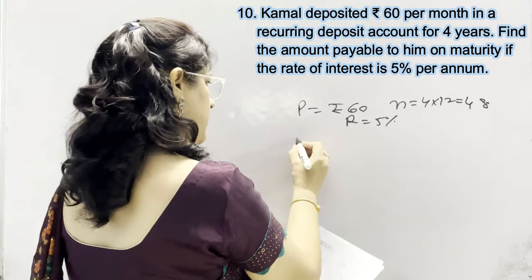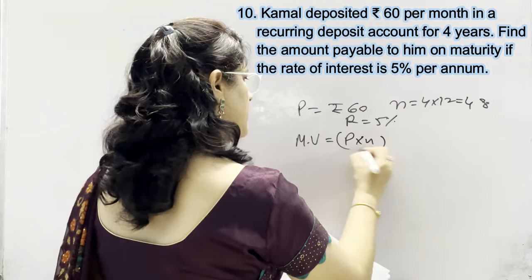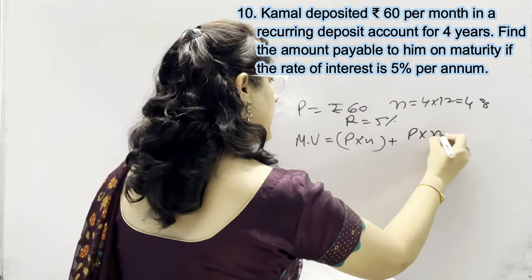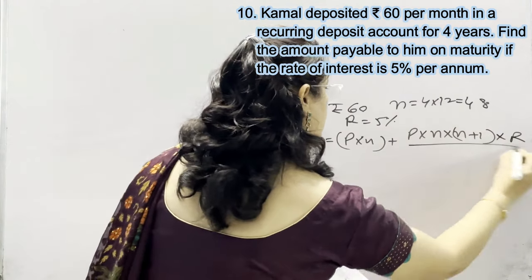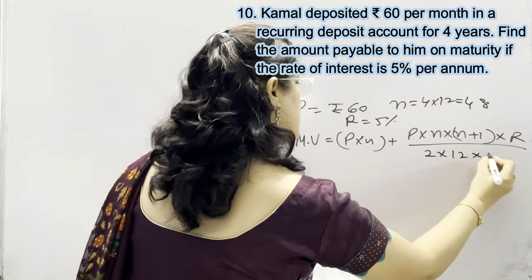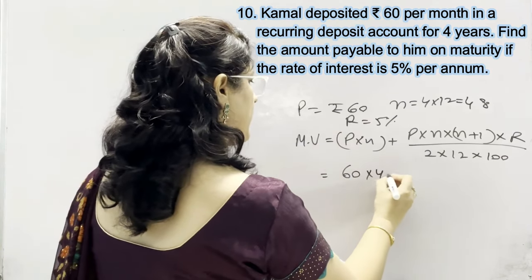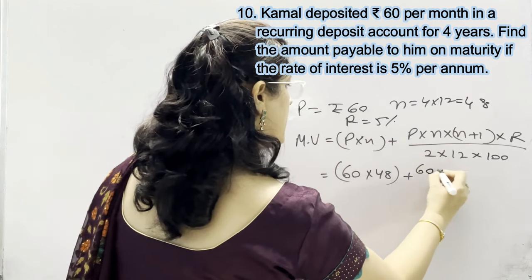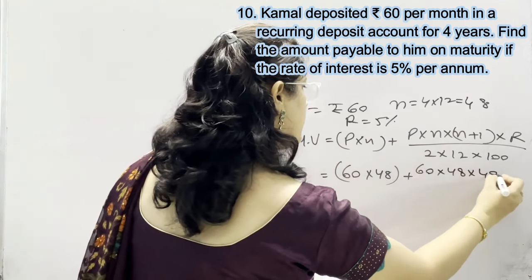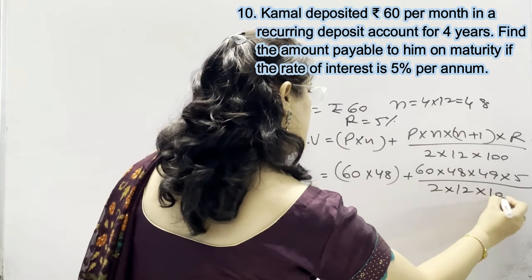So now for maturity value, we have recently seen its formula: P into N plus P into N plus 1 into R upon 2 into 12 into 100. What is the value of P? It is 60. Value of N is 48. So P is 60 into 48 into 49, rate is 5, divided by 2 into 12 into 100.